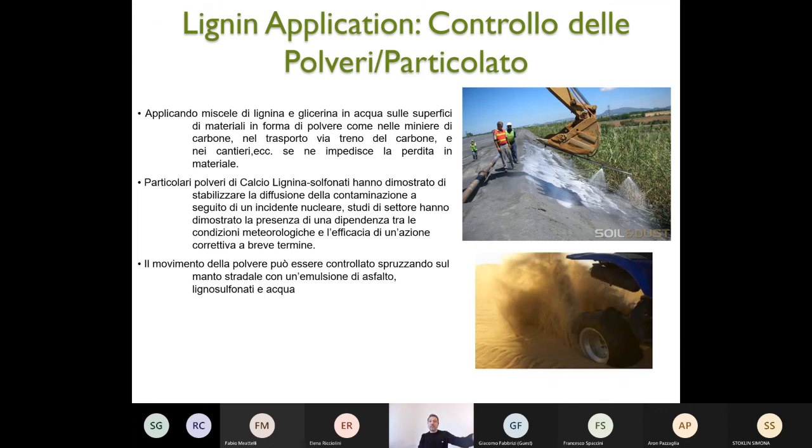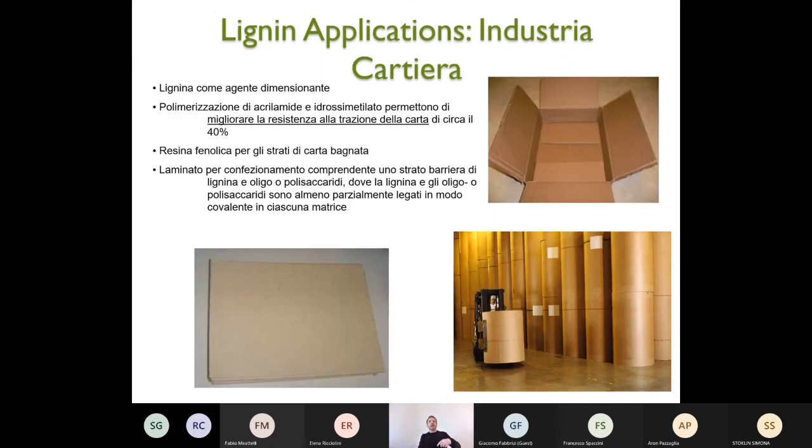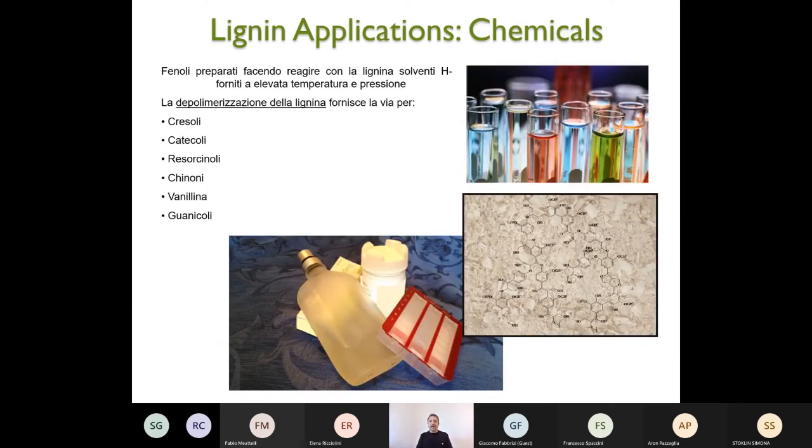There are also applications in the paper industry, for example paper stocking systems. So another huge possibility also for lignin, up to lignin batteries.